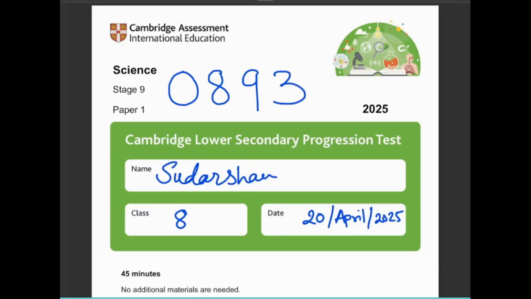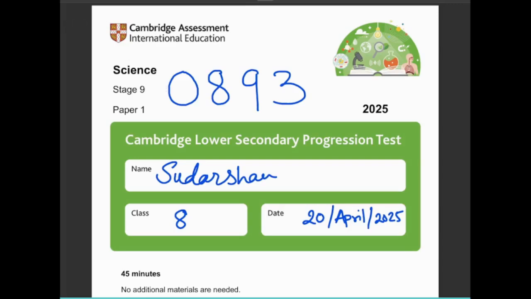What an irony, by the way. The checkpoint examination that we had in India with the code of 0893, the same questions or some similar type of questions were there for your checkpoint examination, and whatever we had in this progression test, basically the revision paper.